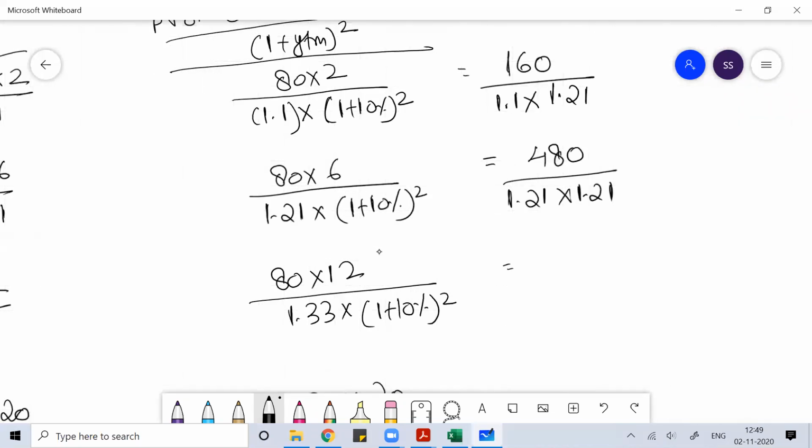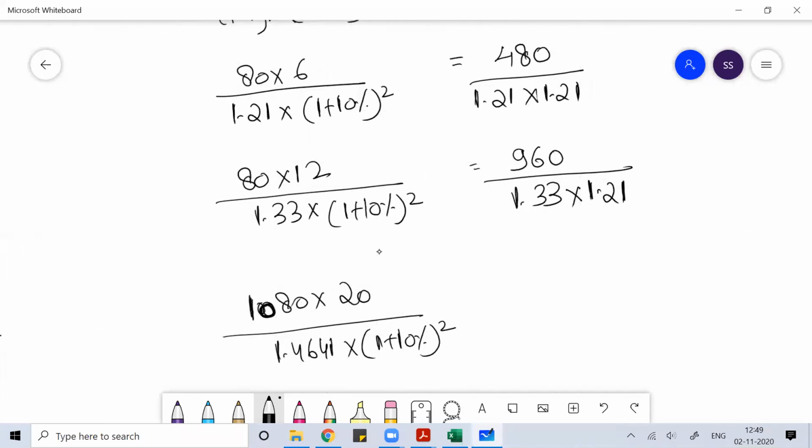Then 80 into 12 is 960 divided by 1.331 into 1.21. Then 1080 into 20 is 21600 divided by 1.4641 into 1.21.